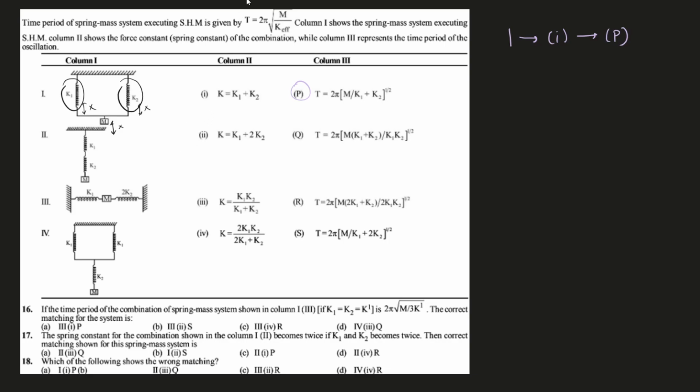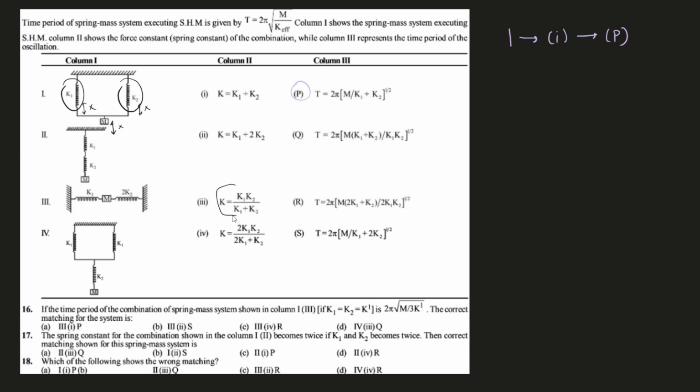Let's do the second one. The second one is not in parallel, it's in series. And in a series combination of springs, it's sort of like the parallel combination of resistors or the series combination of capacitors, whatever have you. So the spring constant in this case is going to be half of the harmonic mean of K1 and K2.